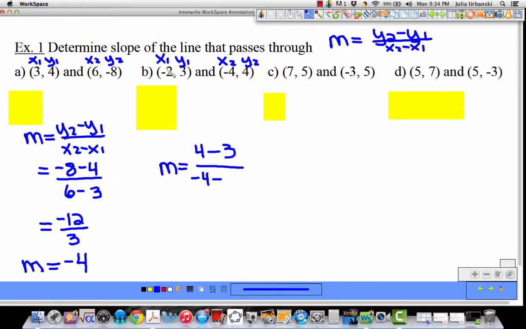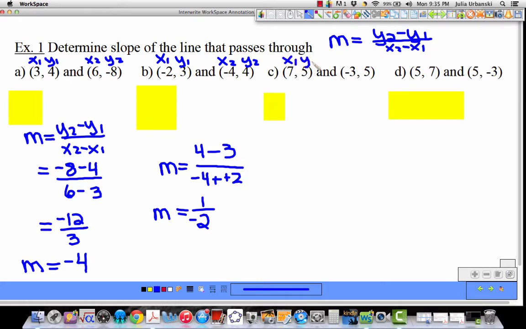The next number is negative 2, so it's actually a double negative right there. Negative 4 minus negative 2. So we'll turn that into plus a positive, and we have 4 minus 3 is 1, over negative 4 plus positive 2 is negative 2, and that's the slope you have for that one.